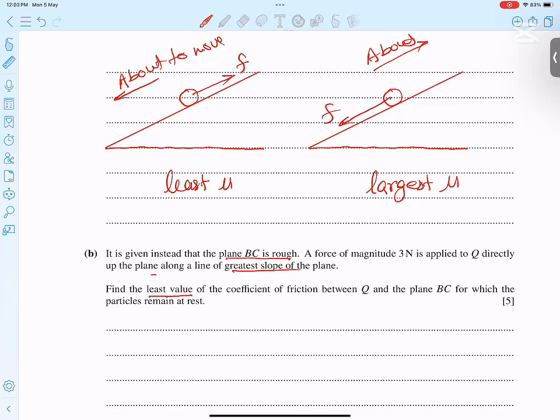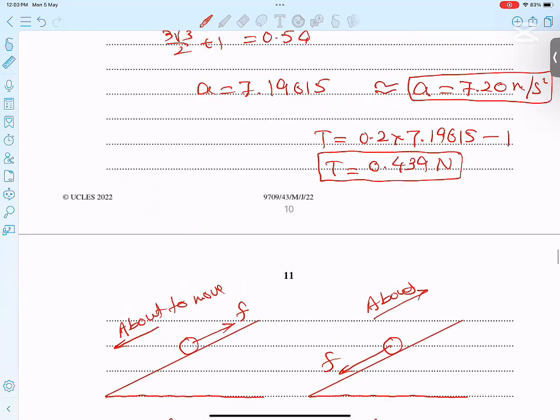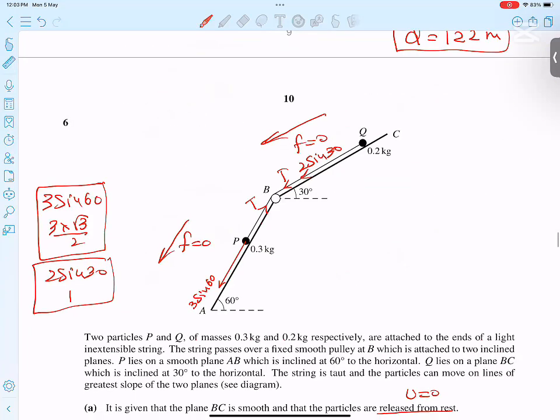So in this situation, we have to take the same diagram from here, and everything remains the same. How many components I have shown here, everything remains the same. No change there. This is the Q particle, and this is a pulley, and this is an angle of 30, and there's a string.